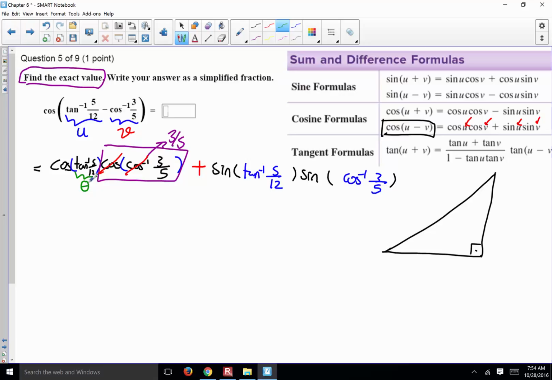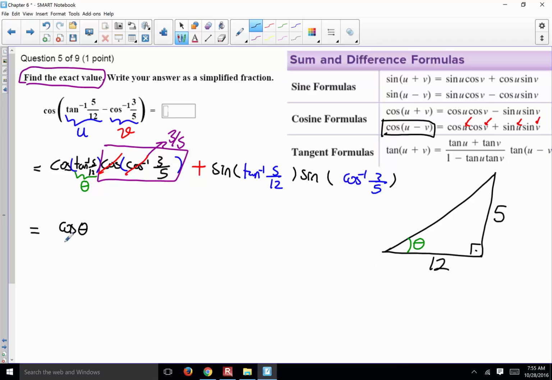I will call it theta. What I know about theta is its tangent is 5 over 12. Tangent is opposite over adjacent, so this side is 5, this side is 12. And what I need to compute here is cosine theta.